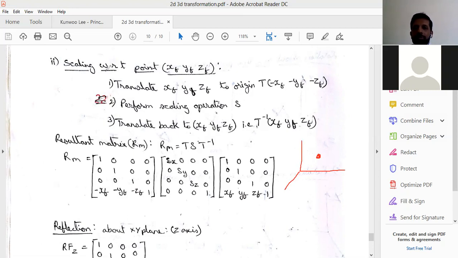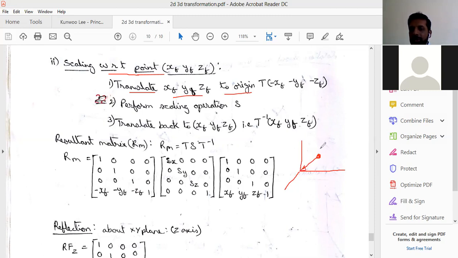Now, before we perform the scaling with respect to any point, where the point can be at xf, yf, and zf, that means it carries some values, but it's not at 0, 0, 0. It is somewhere over here. So what do we do? First is to translate this to the origin, shift it to the origin. That is nothing but translation.